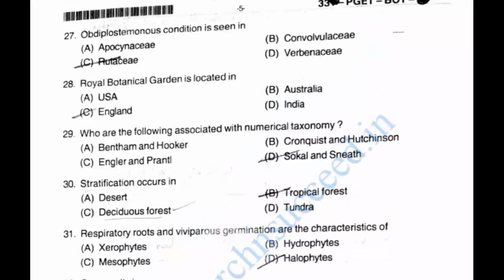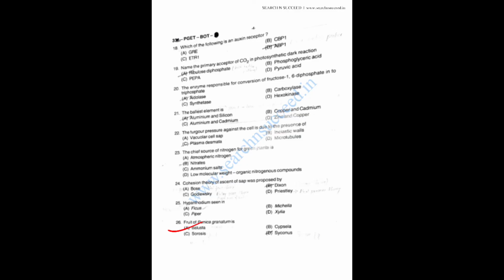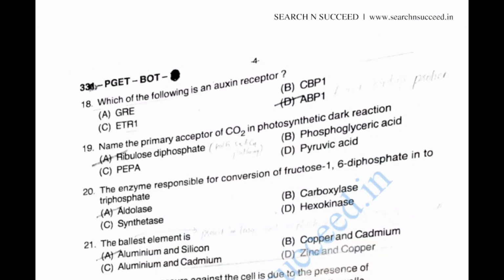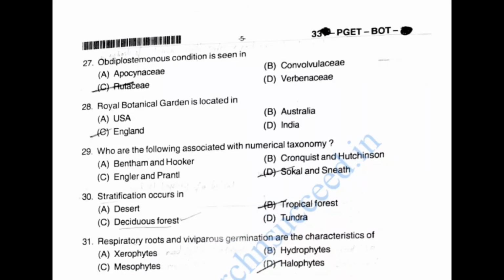Now come to question number 27. Very, very important question, and it has been asked in many university MSc entrance tests. And here, obdiplostemonous condition is seen in.